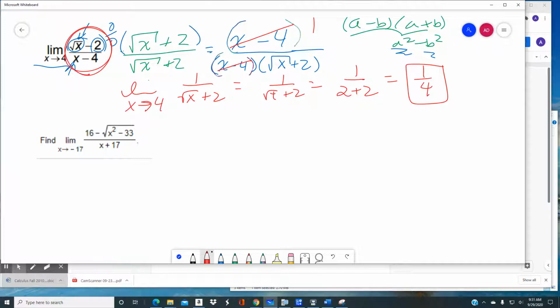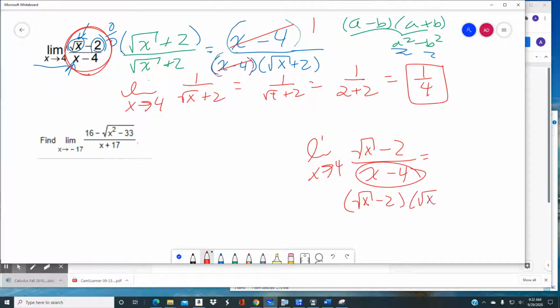Now, some of you might have been thinking, wait a minute, way back when, I actually could factor. Technically, you could have factored this one. The way you would factor is note that x minus 4 is in fact the square root of x minus 2 times the square root of x plus 2. If you saw that from the jump, that's awesome.